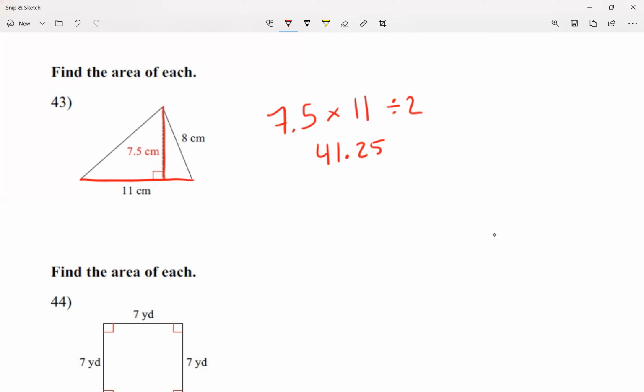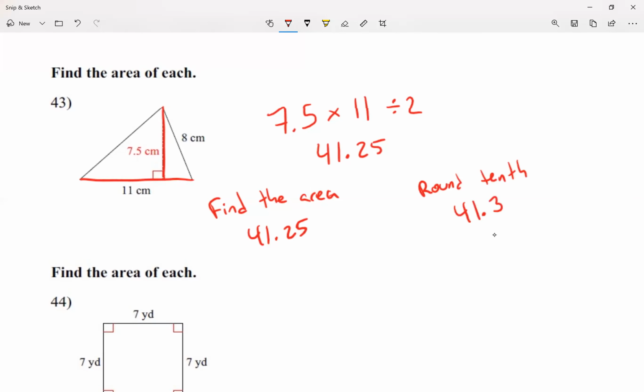If the instructions said find the area of each, let me just write that down. Find the area, that's it. My answer is 41.25. Now, if my answer said to round to the nearest 10th, my answer would be 41.3.